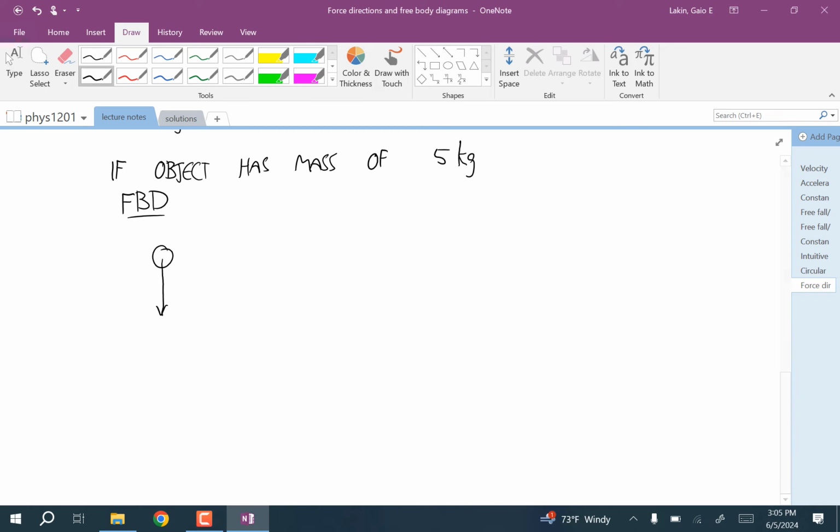And the magnitude of the weight force is 5 kilograms times 9.8 meters per second squared, which is 49.0 newtons. And that's all we have to say about the weight force. It's the same for everything, just the mass of the object times 9.8 meters per second squared down.